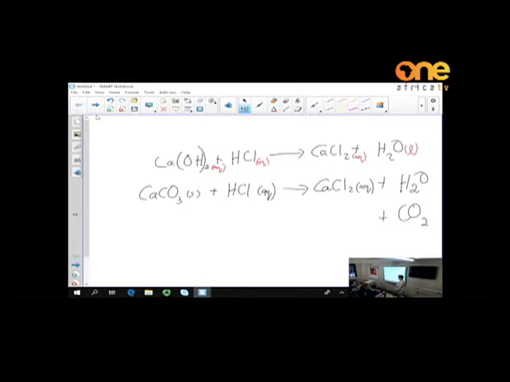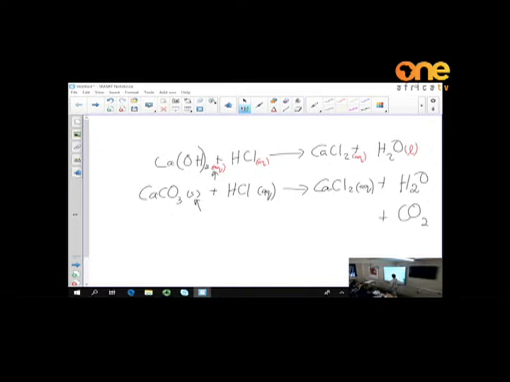They usually will give an indication. You should know that copper sulfate dissolves in water, the ones that we've worked with. So we refer to something known as state symbols.